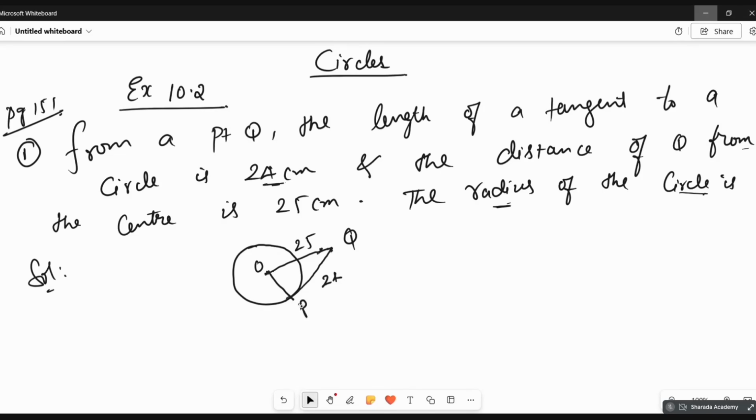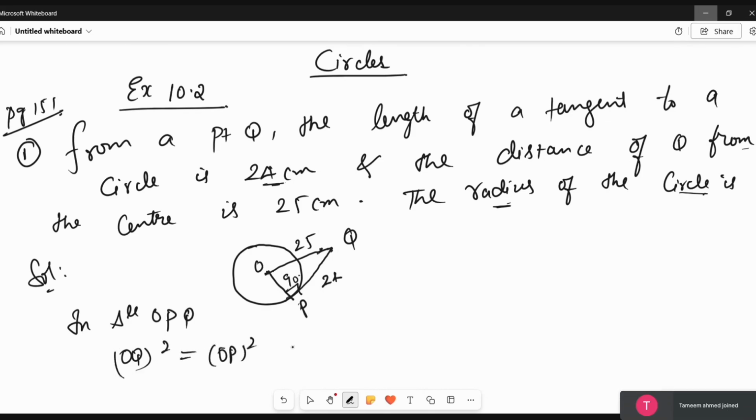Always remember, radius will be at 90 degree with the tangent. So, OQ will be the longest side. Q, if it is outside, OQ will be the longest side. So, what you can do in triangle OPQ, OQ square will be equal to OP square plus PQ square.